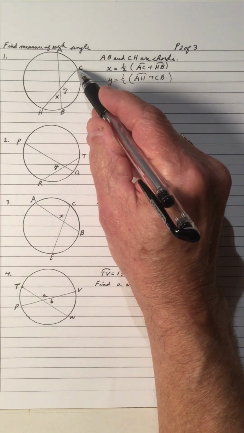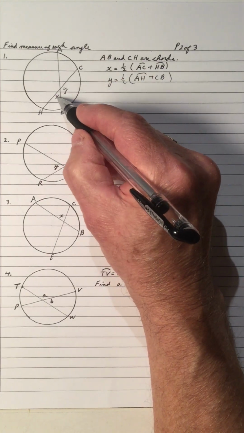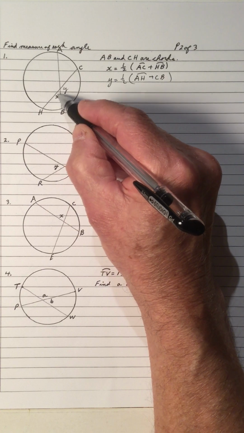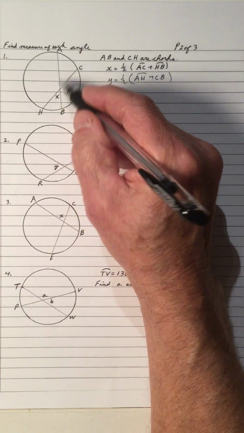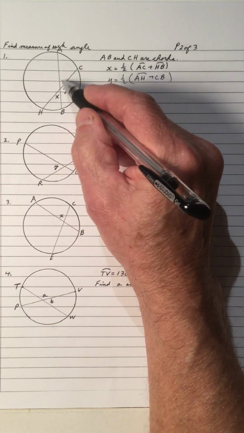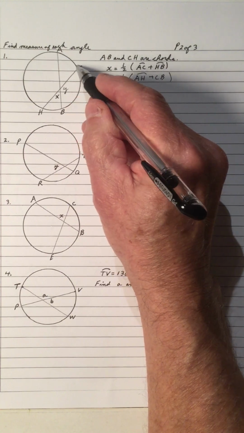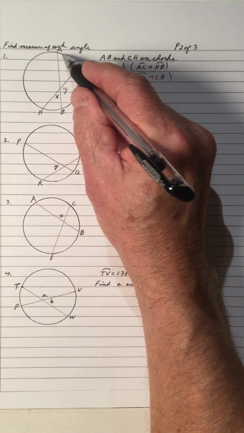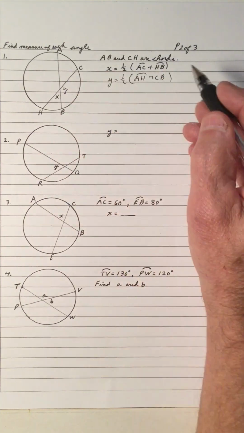So two chords intersect, so the angle formed is equal to a half the sum of the two arcs that these angles are intersecting, or these angles are with these arcs.